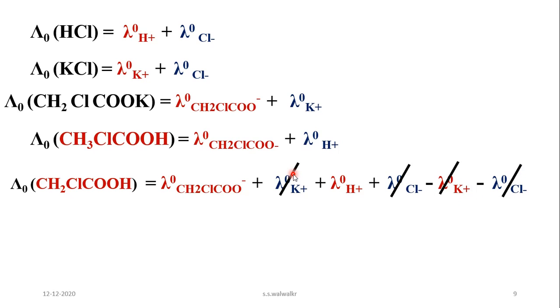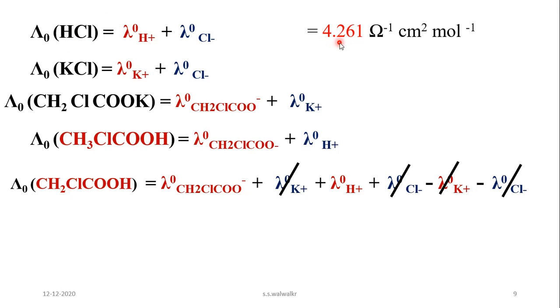The plus lambda 0 of K ion and minus lambda 0 of K ion cancel, and the plus lambda 0 of Cl ion and minus lambda 0 of Cl ion cancel. What remains is the molar conductivity of monochloroacetic acid, equal to lambda 0 of monochloroacetate ion plus hydrogen ion.